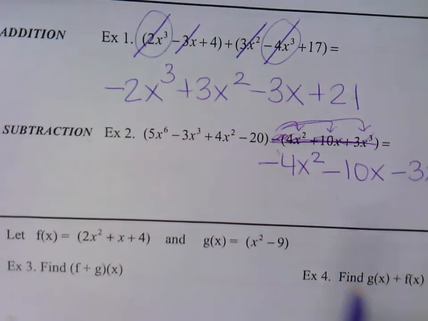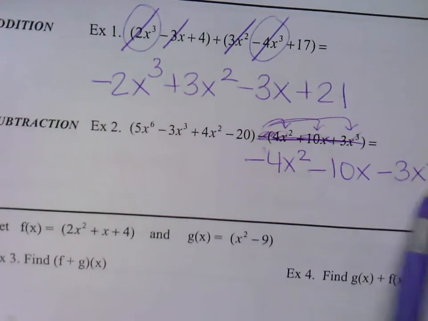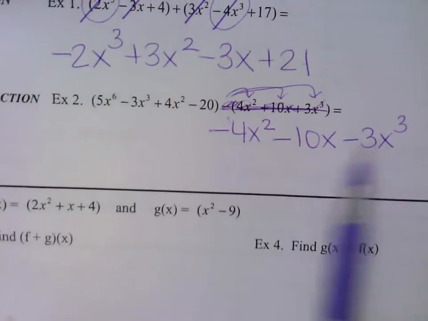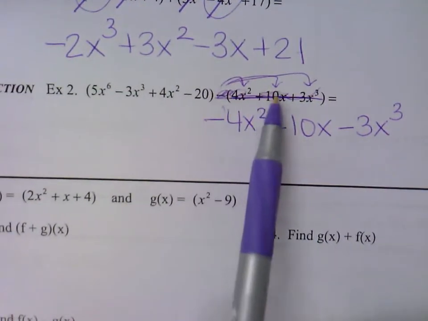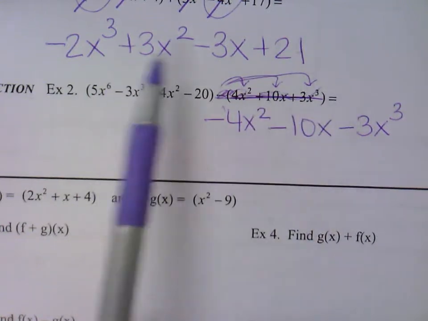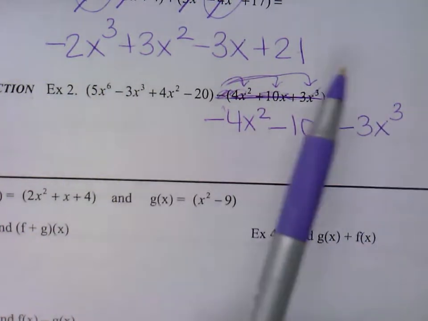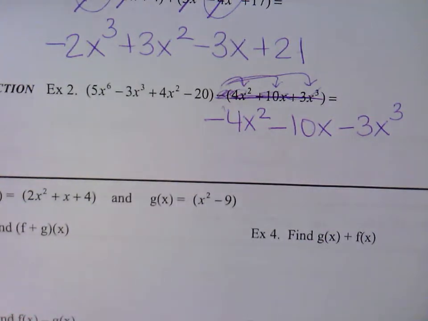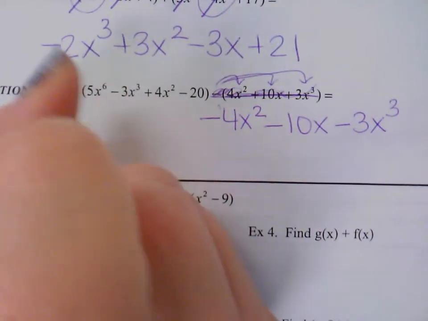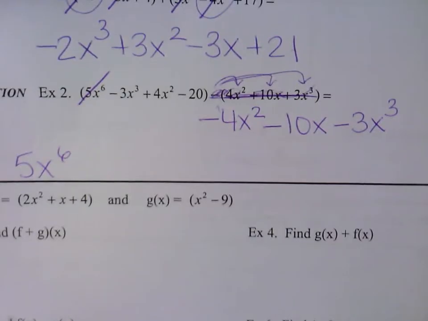So I'm only looking at these terms, and I could just circle them, and I don't have to forget about distributing. All right, what term would go first in all of these? What's my leading term? Yeah, so 5x to the 6th. I used it, so I'm going to cross it off.